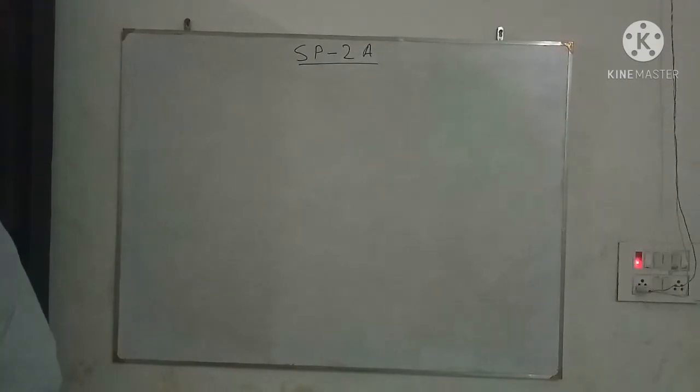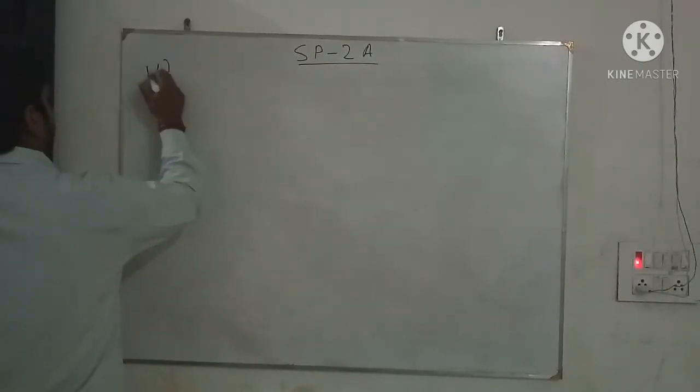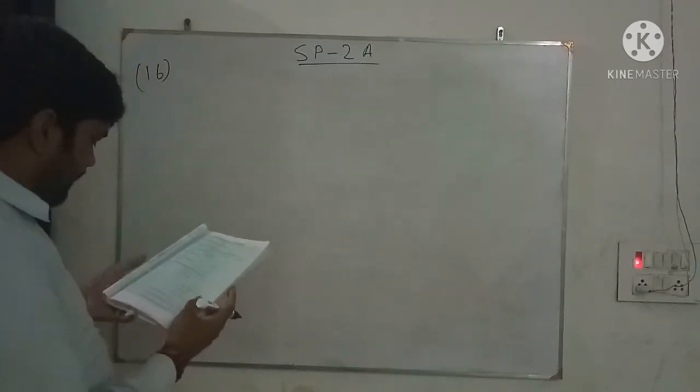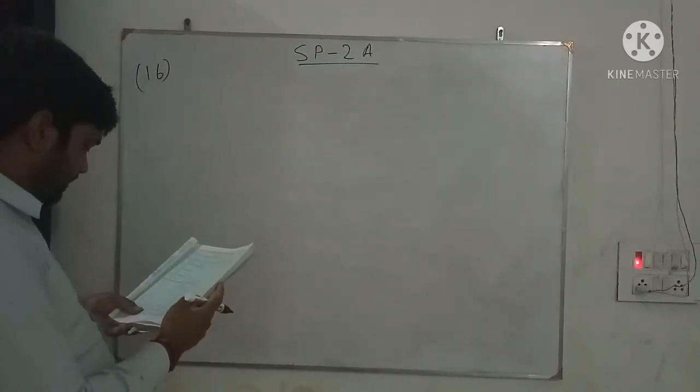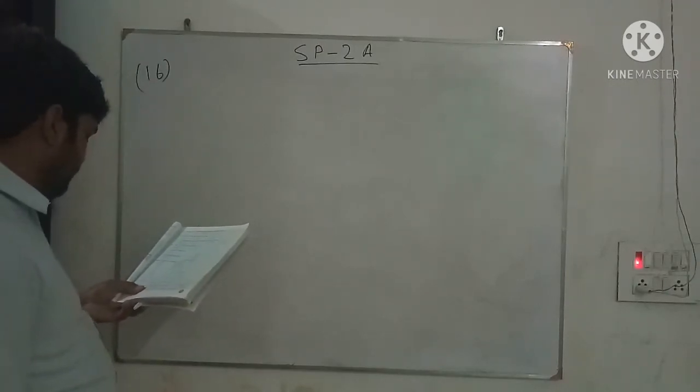Question number 16. If in a mushroom 19 by 20 portion is water, what fraction of it is solid matter?